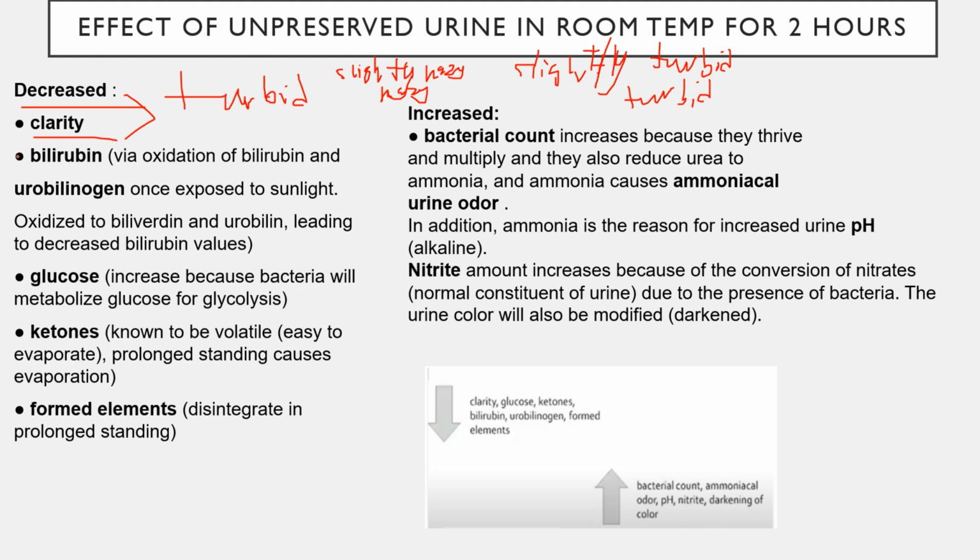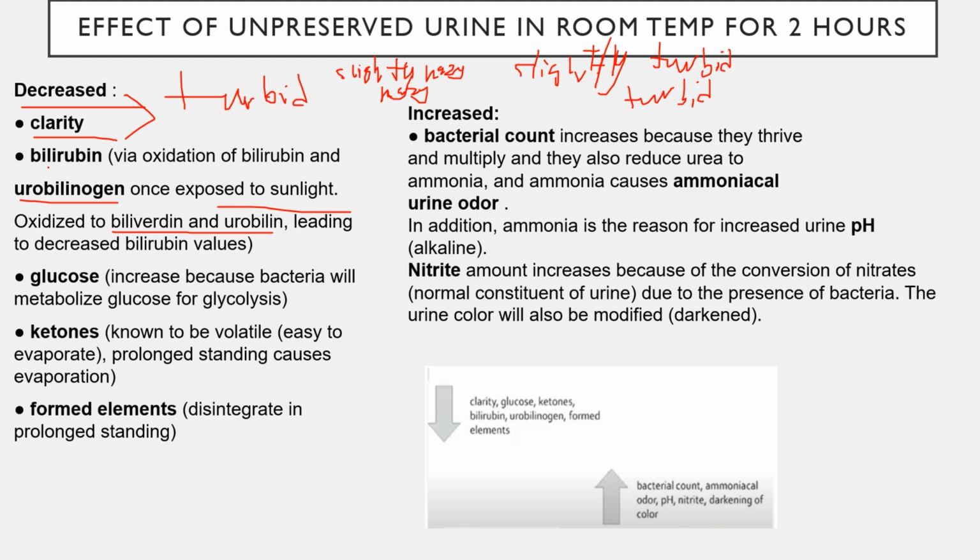But take note, class, that if there's decreased clarity, your urine becomes turbid. Then there would be decreased bilirubin. The reason is because the bilirubin is going to be oxidized, and also decreased urobilinogen due to exposure to sunlight.